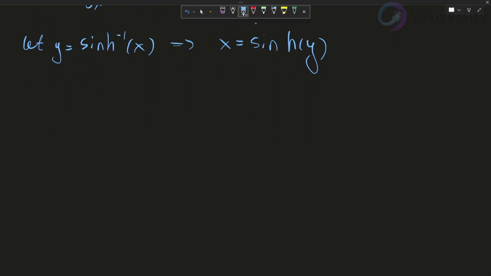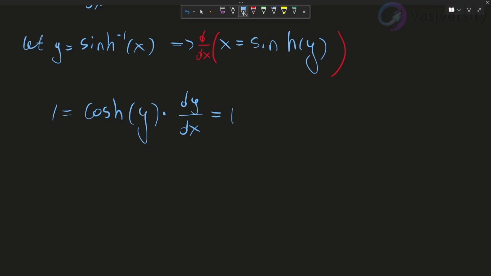If we take a derivative with respect to x, and we know that y is dependent on x, we will have simply 1 is equal to hyperbolic cosine of y times dy/dx.